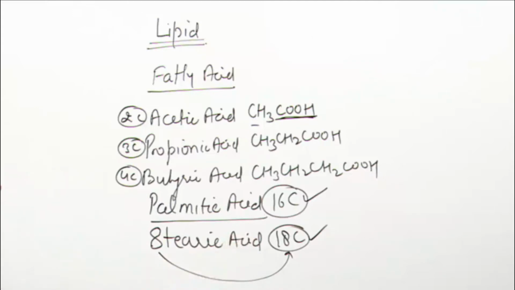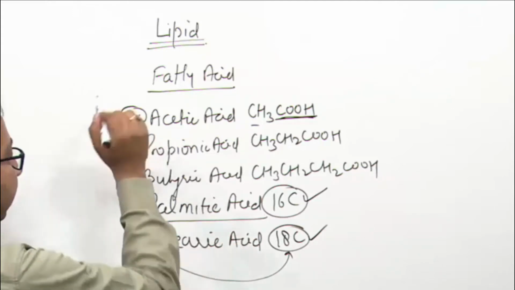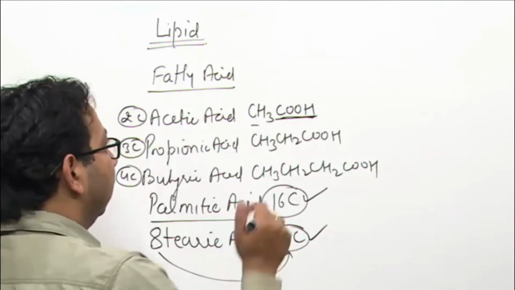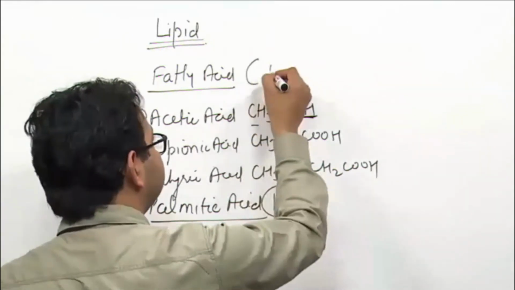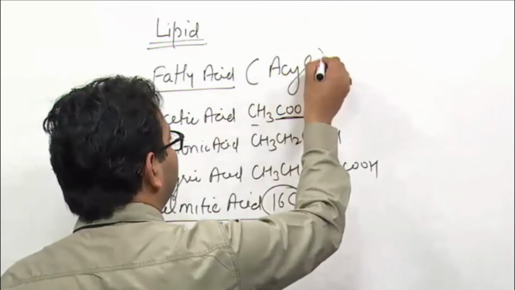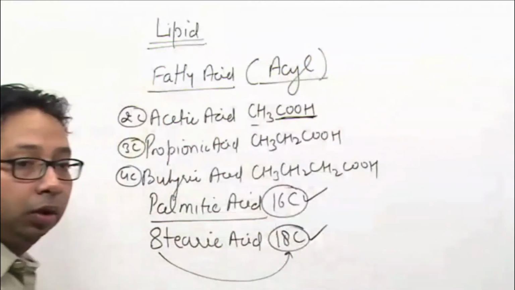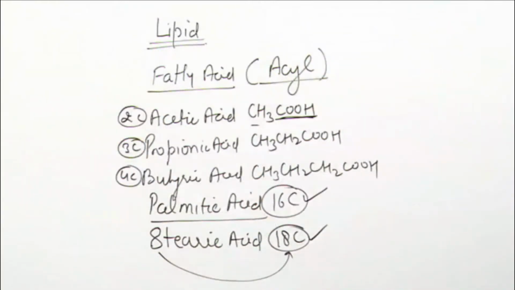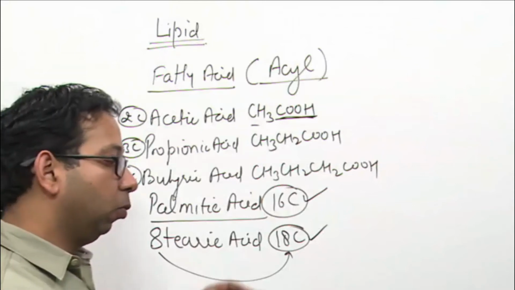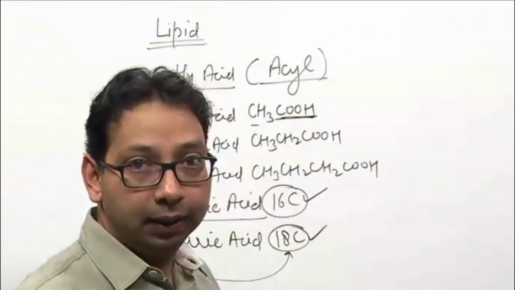These are fatty acids. The group name of fatty acid is acyl, or you can say the common name of all fatty acids is acyl.